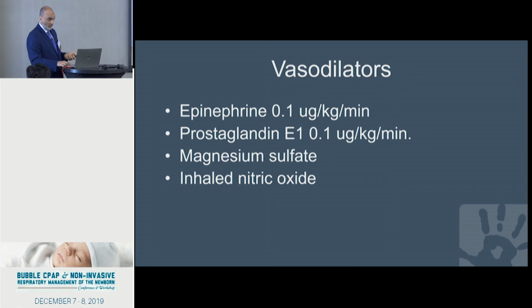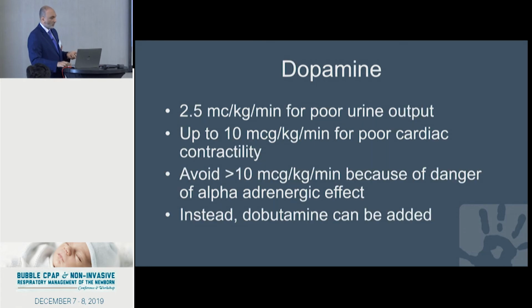Then you have the inhaled nitric oxide. One of the issues, when I mentioned dopamine, many times we use dopamine to increase the systemic blood pressure. However, dopamine more than 10 mics per kg per minute does increase the pulmonary artery pressure.